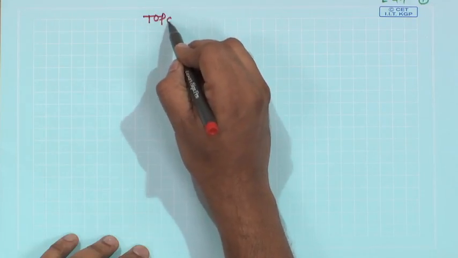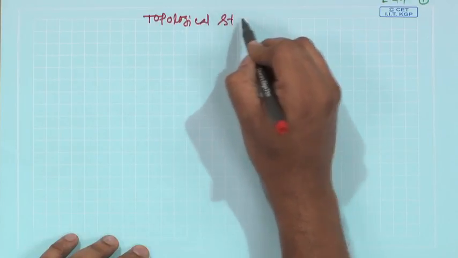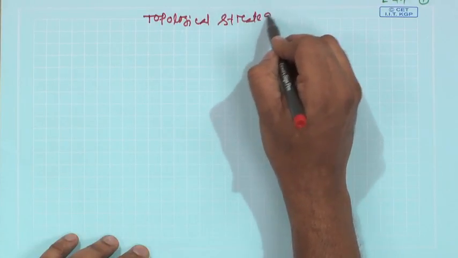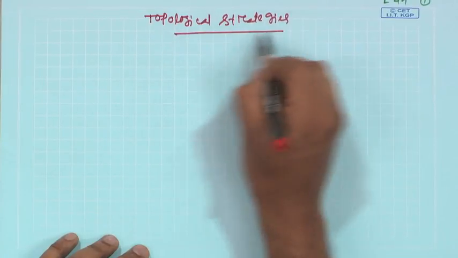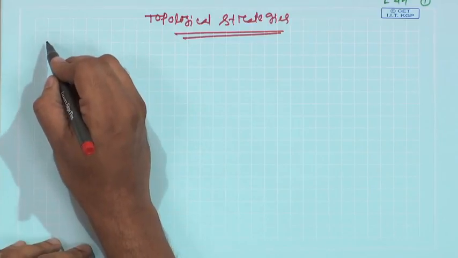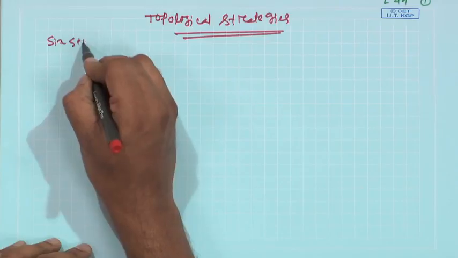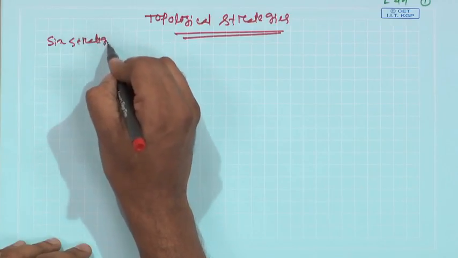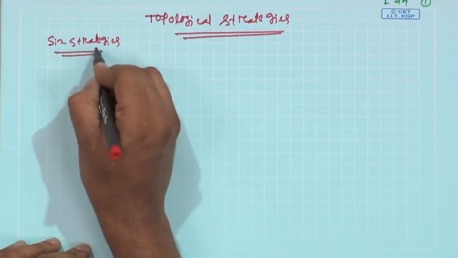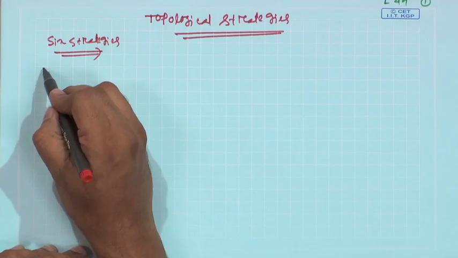So, welcome back students. Today we will be exploring another strategy, topological strategies. In the earlier lectures, or the very beginning lecture, we said we would have 6 different strategies through which we will explore different kinds of disconnection-based strategies.